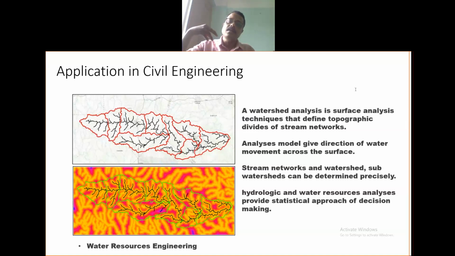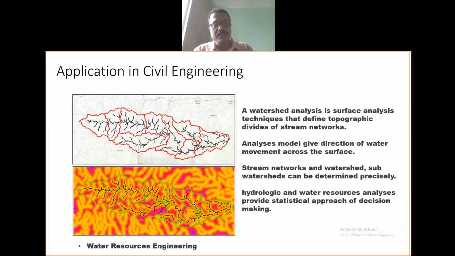So if you spill water outside the area of the basin, that water will not go out through the particular outlet. So in the natural world also, if a rainfall happens outside this red boundary, that part of the rainfall will go to a different river other than these rivers.